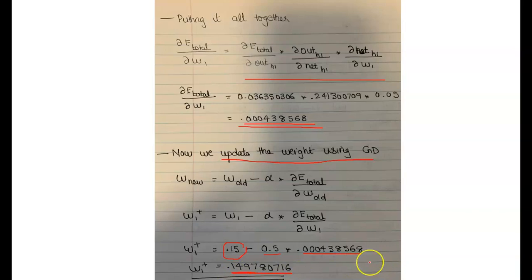And then I need to continue the same procedure to find the updated weights for the remaining weights in my hidden layer, which are W2, W3 and W4. Right? So once one iteration or one epoch of my neural network is done, I will have my first updated weights available.